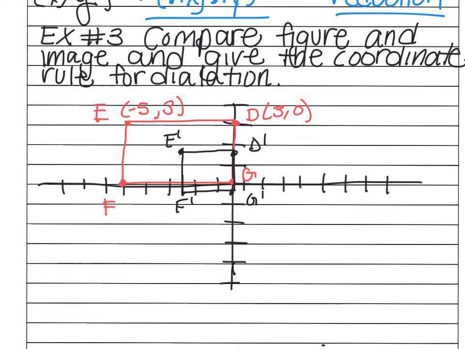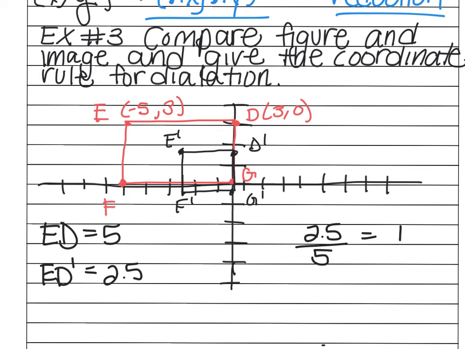So ED was 5 and ED prime is 2.5. To compare these, I'm going to divide 2.5 by 5, and that reduces down to 1/2. So my scale factor is 1/2.